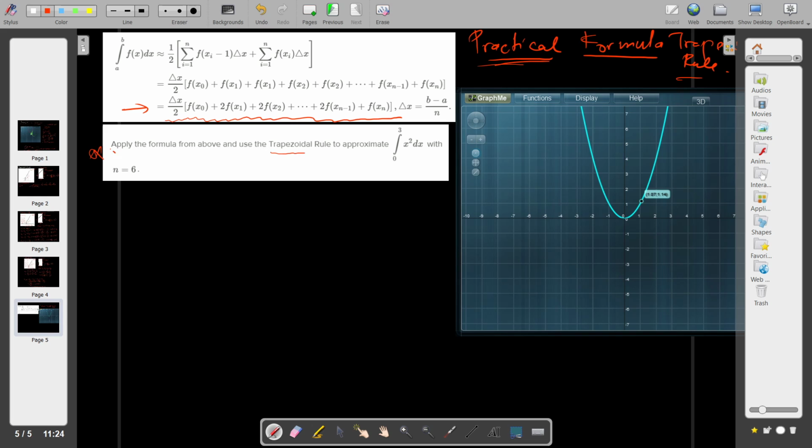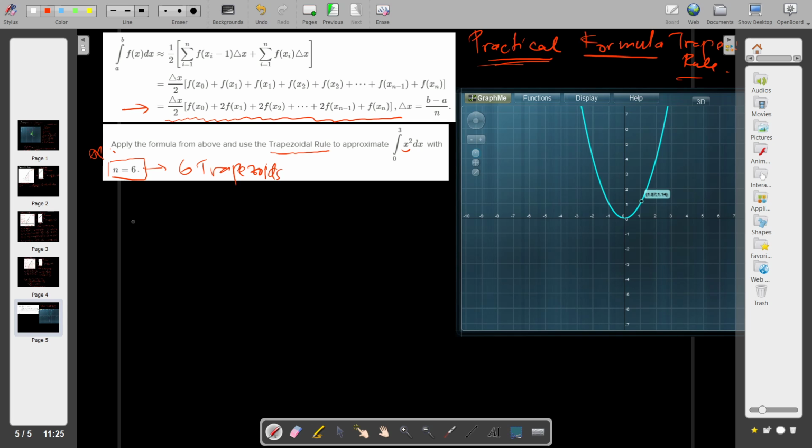Using the trapezoidal rule, our function is x to the power of 2, and n means we have 6 trapezoids here. Now let's construct our formula.